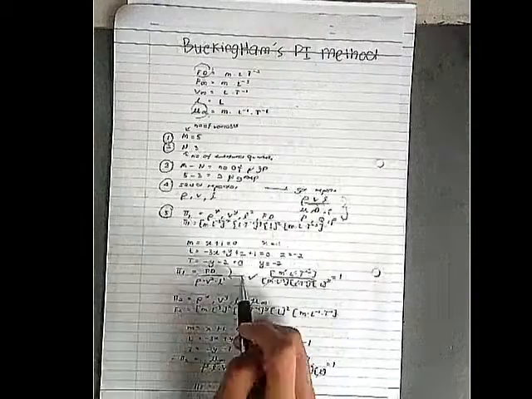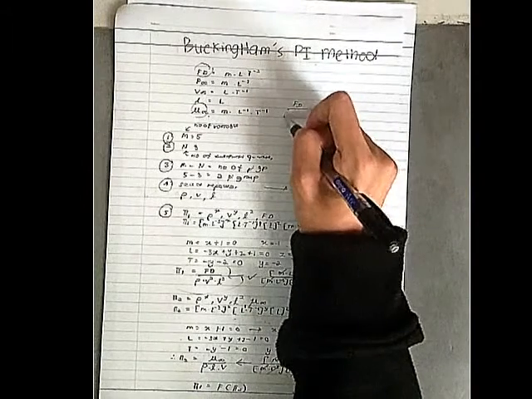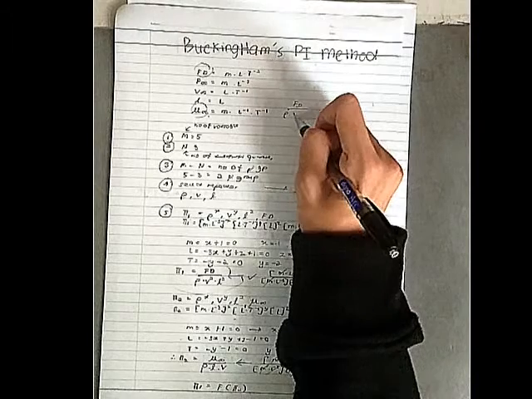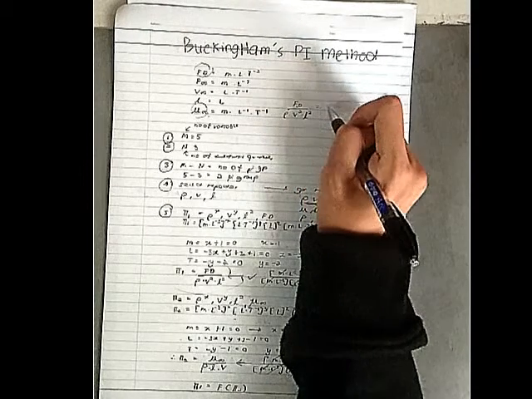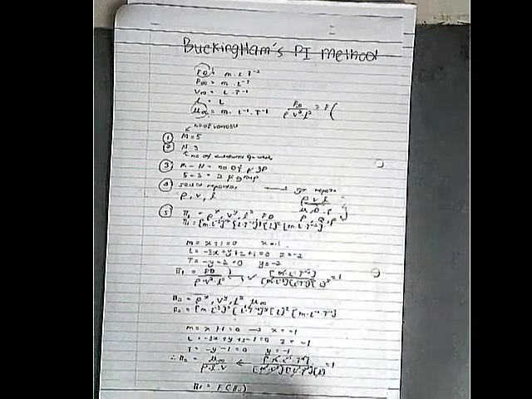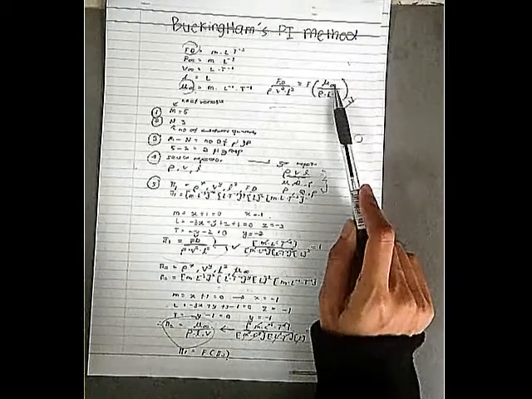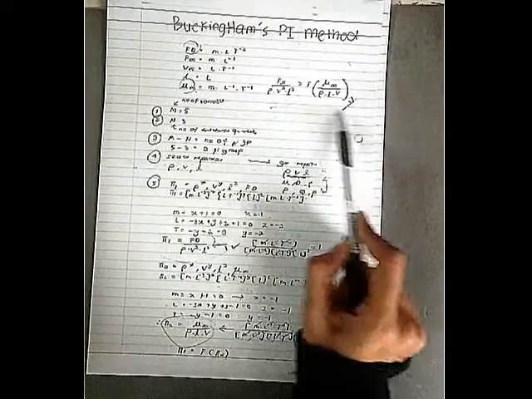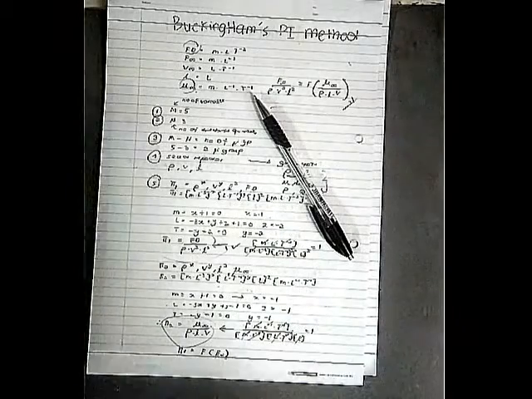You just copy it: force per density times velocity squared times length squared is equal to a function of pi 2, which is this pi 2 here, and this is the final answer. This is the final answer for the Buckingham pi method for this question, and that's all from me. Thank you.